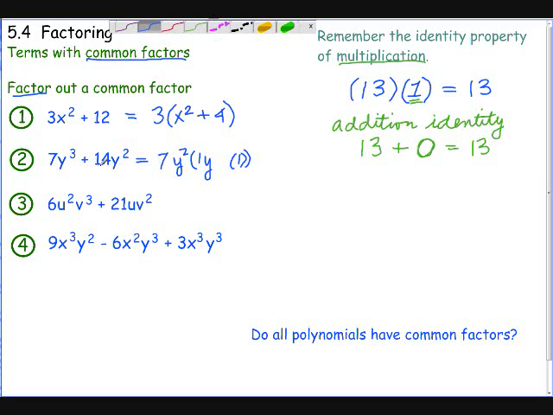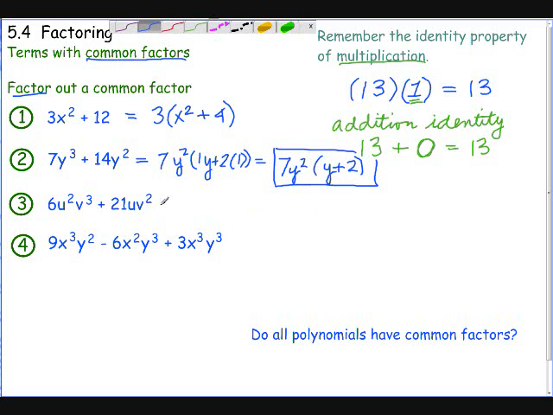And I divide 14 by 7. Now that looks very messy. I'm sorry about that. The way I should write this is 7y squared times y plus 2, right? That would be the simplest way to write that out.